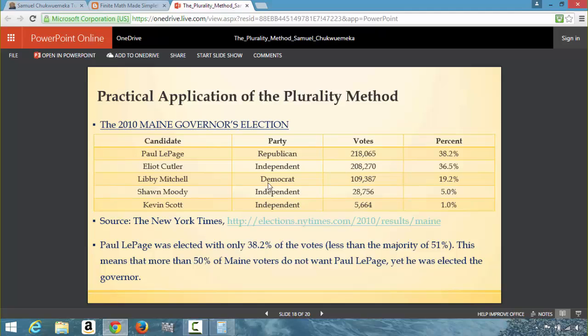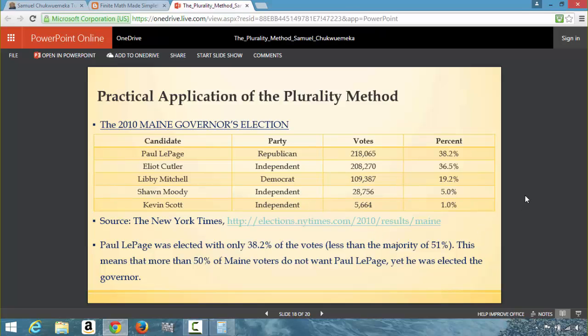Assuming Libby Mitchell dropped out or was disqualified, who do you think would win this election? Because you know that most Democrats will now tend to vote Elliot Cutler, and that would change the dynamics. Okay, we don't want that.